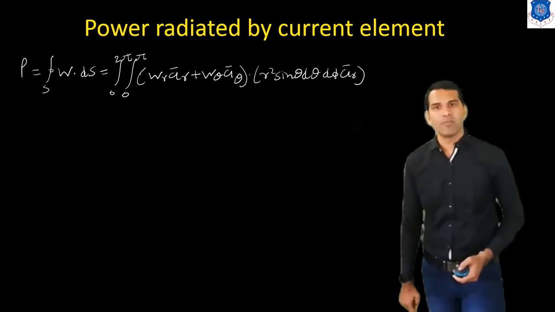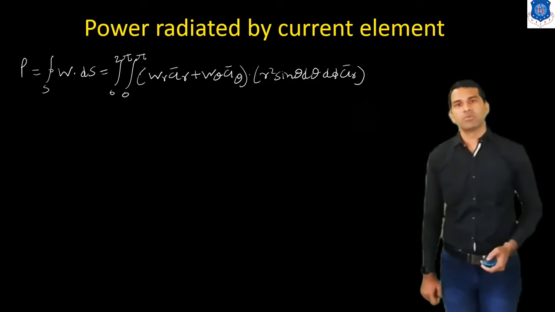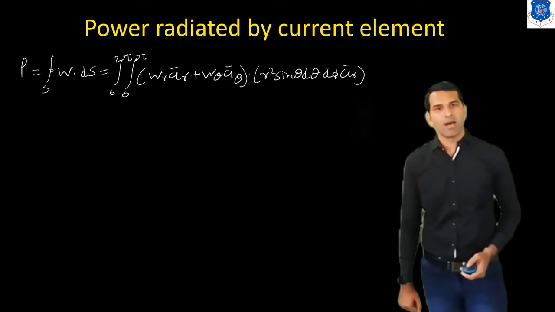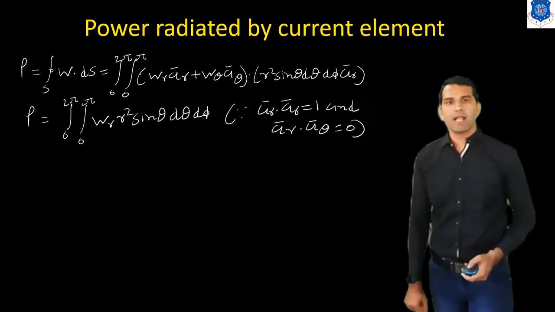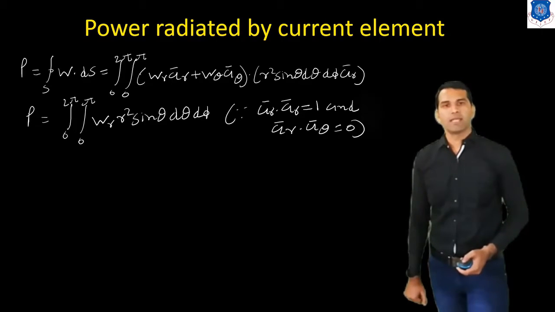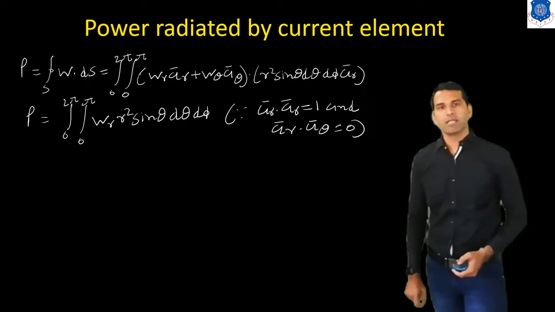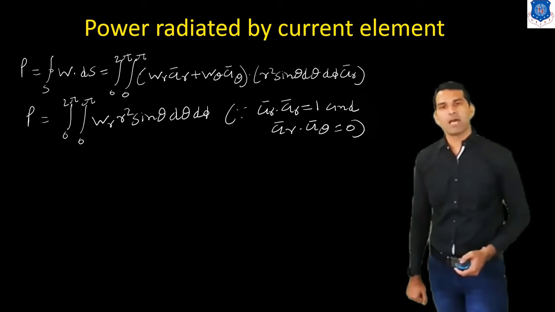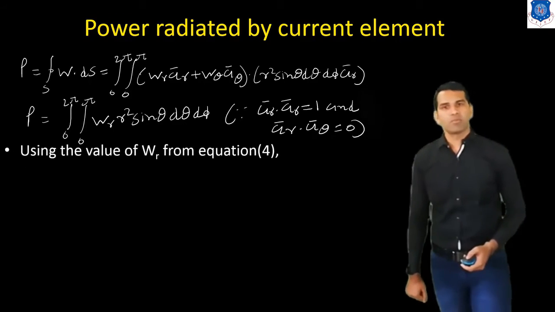So we can write the integral from 0 to 2π and 0 to π of (W_R a_R + W_θ a_θ) · R² sin θ dθ dφ a_R. Here a_R dot a_R is equal to 1, and a_R dot a_θ is 0, since R and θ are perpendicular. So we get only W_R R² sin θ dθ dφ, using the value of W_R from equation number 4.